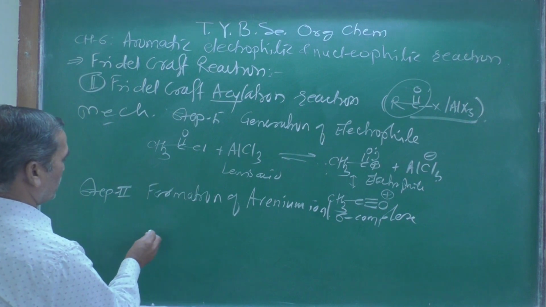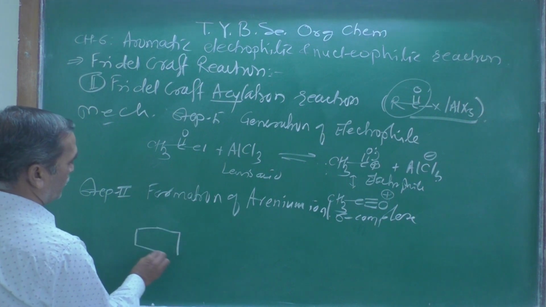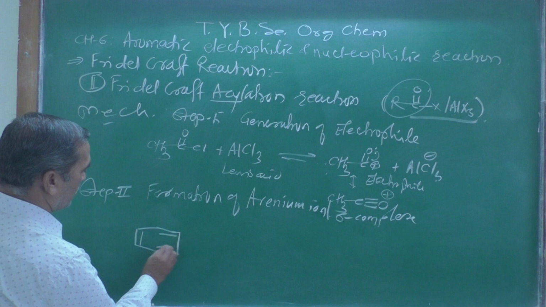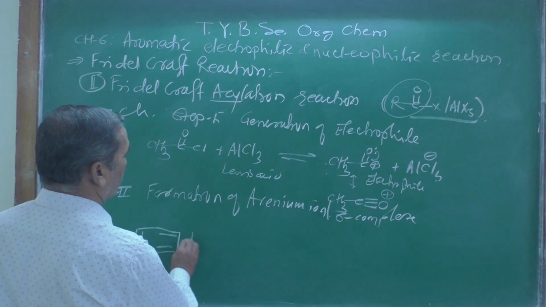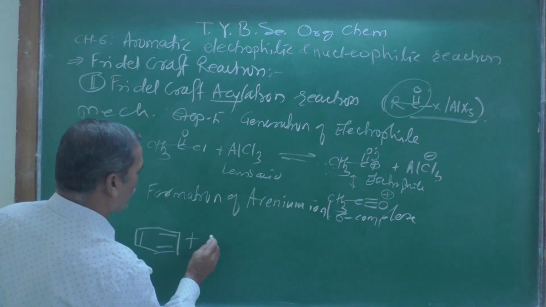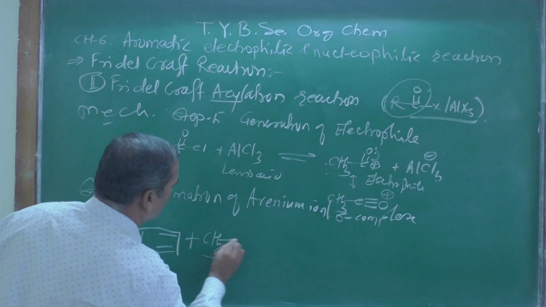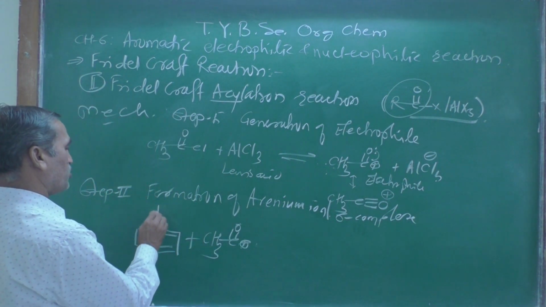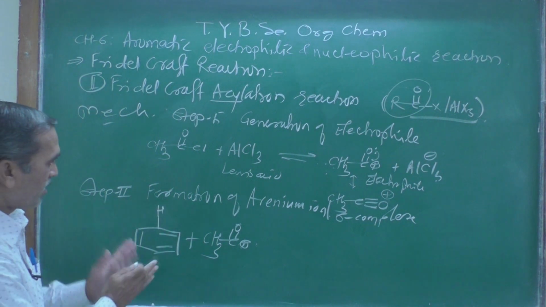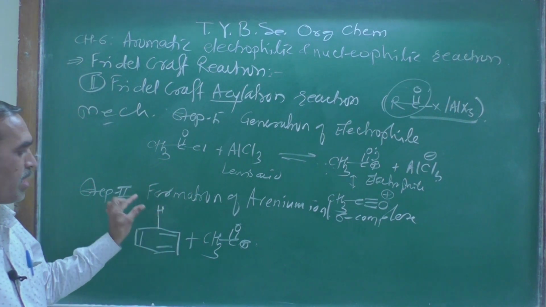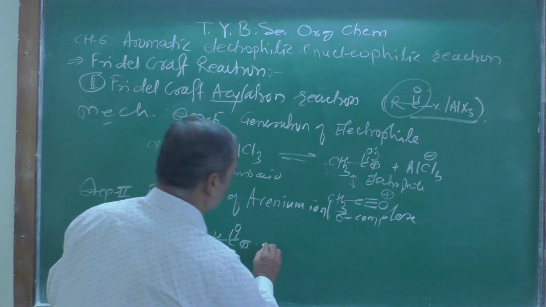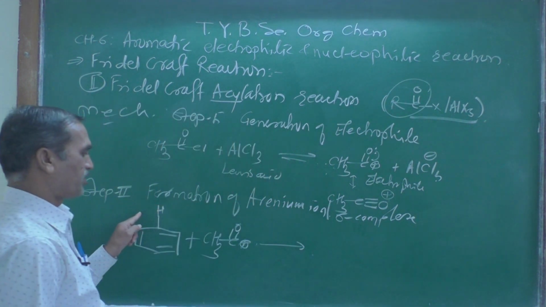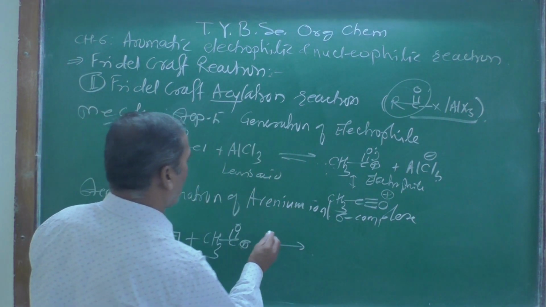And as we know, the starting material we have taken here is benzene, which will be treated with the electrophile. The electrophile is going to attack, C double bond O, positive charge over there. For the sake of convenience, I am writing one of the hydrogen atoms like this so that you can see the reaction.